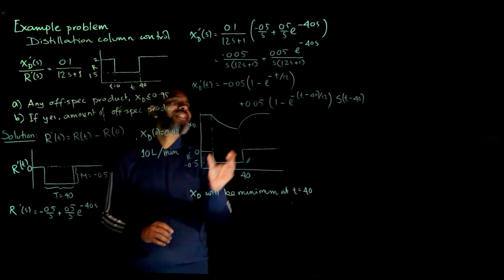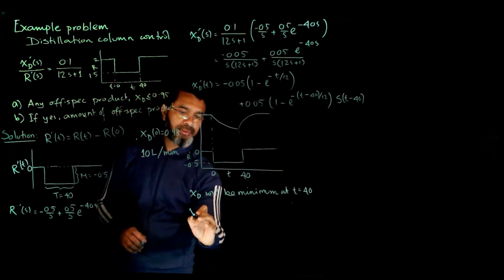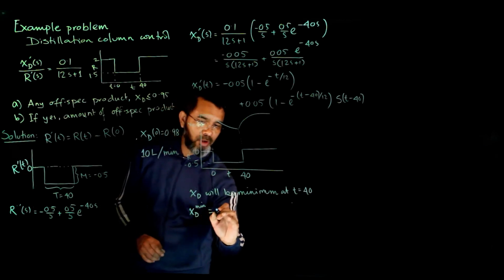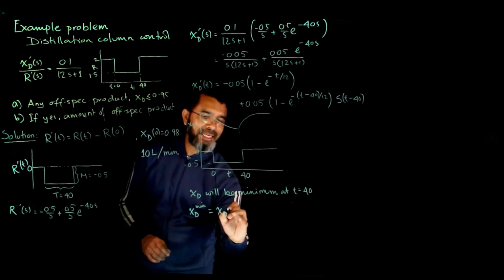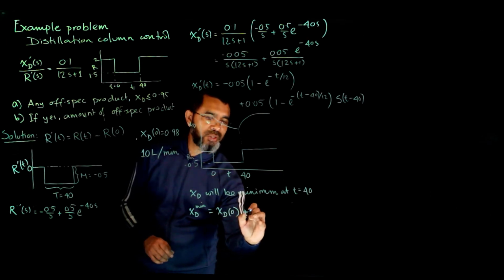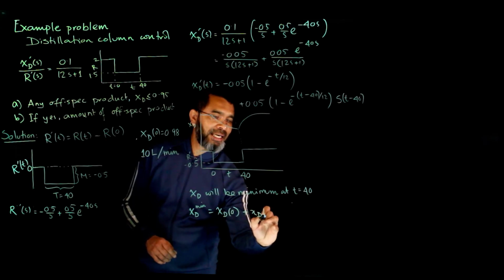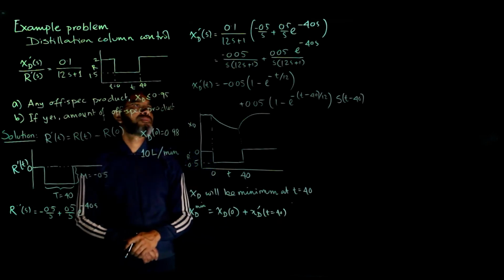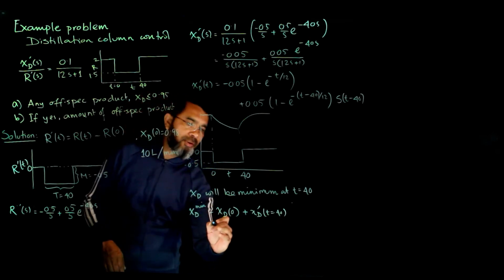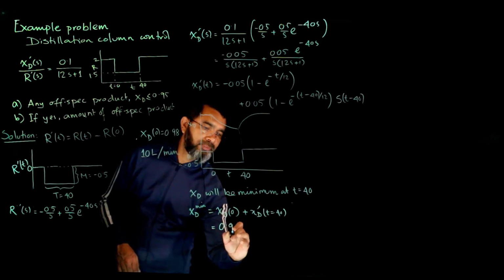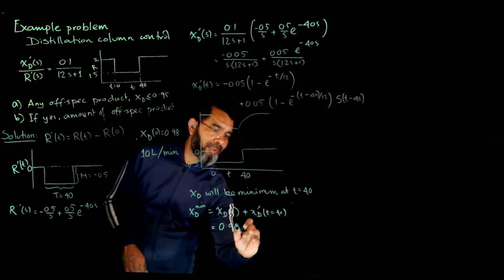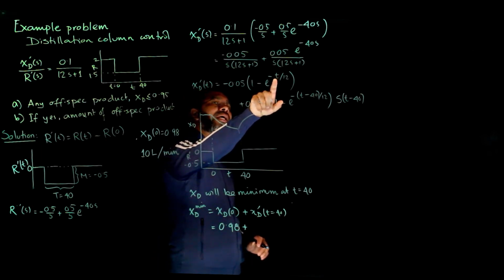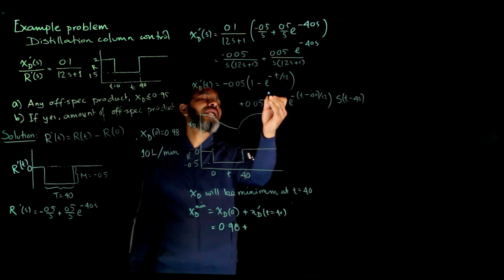Okay, so for this case, xd minimum will be xd naught plus xd prime at t equals 40. Okay, now this value, this 0.98, plus, if you plug in t equals 40 here, this term will be approximately 0.